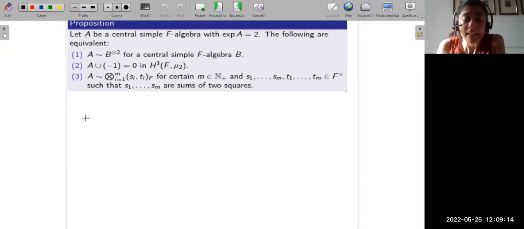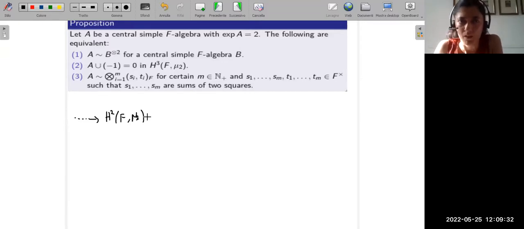So the part that we are interested in is from this exact sequence. Let me write it. Here is H^2(F, mu_2), so here we are in the 2-torsion part; the second cohomology group of the absolute Galois group with coefficients in mu_2.